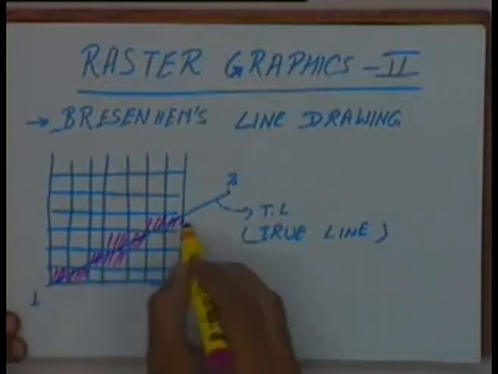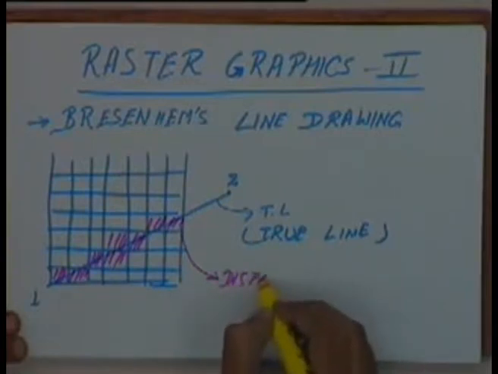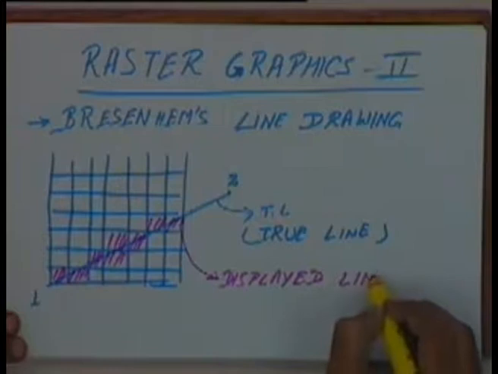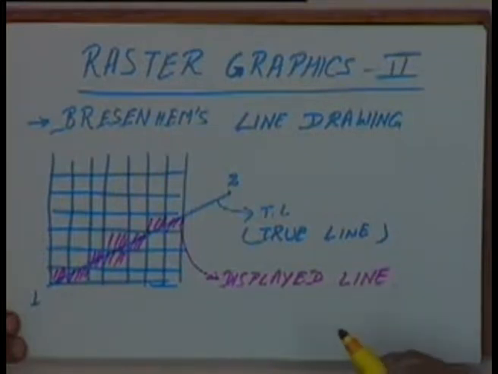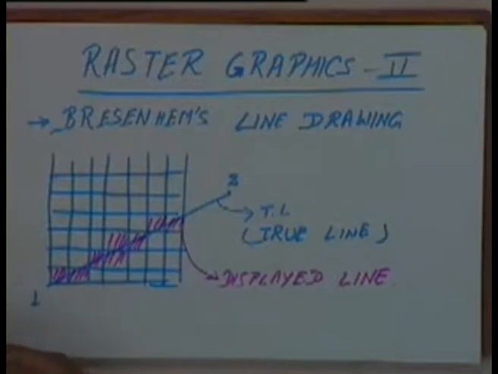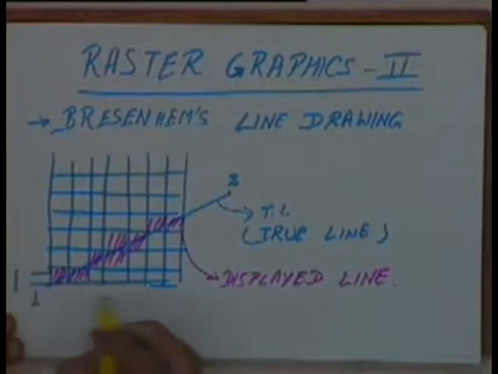So this set of pixels that are displayed, we'll refer to as the displayed line. And Bresenham's line drawing algorithm works on minimizing the error between the true line and the displayed line. And the error between the two is defined as the gap between the two.